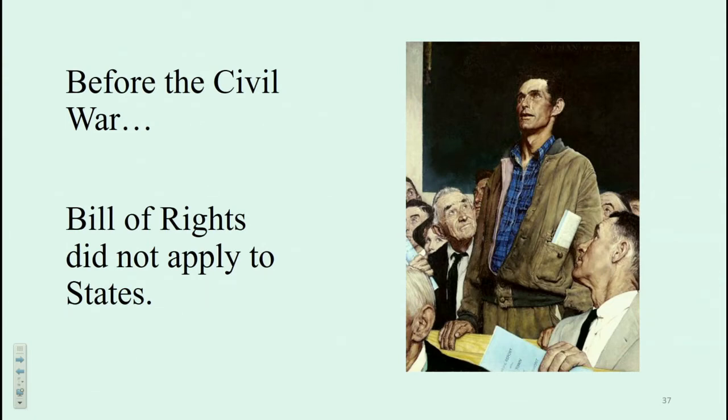So, for example, states could interfere with your rights to free speech. They could establish religions. If you lived in Virginia, in the decades after the adoption of the original Constitution, you would pay taxes to support the Episcopalian Church. If you lived in Massachusetts, you would pay taxes to support the Congregational Church.